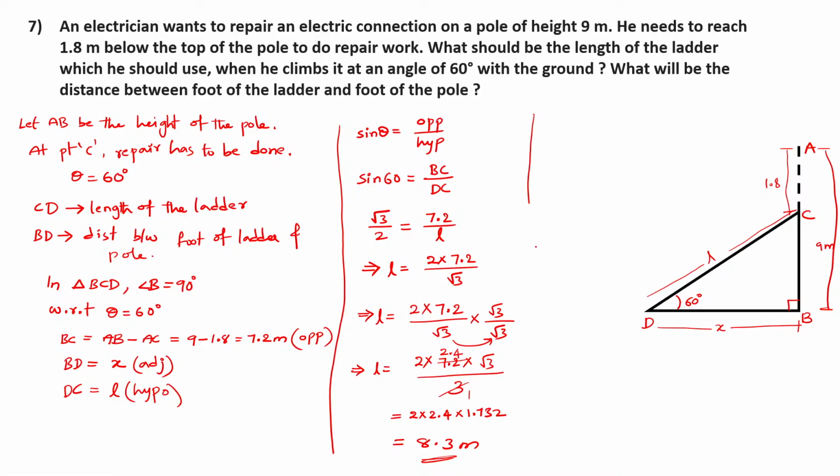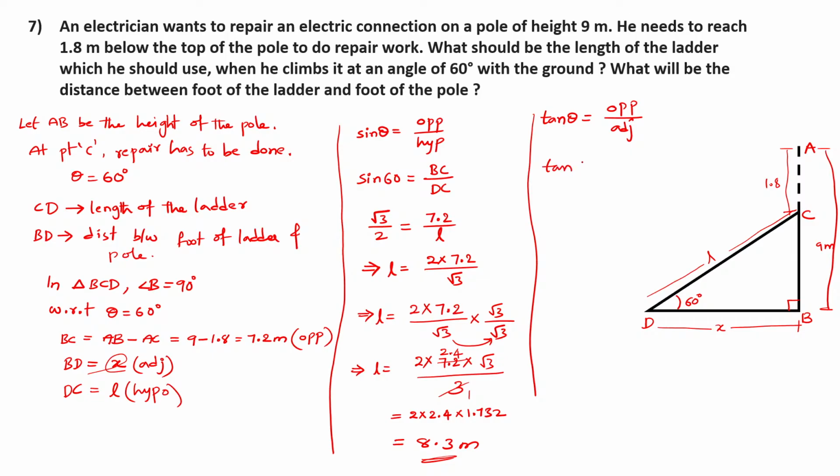Okay. Next, we need to find the distance, right? So length of the ladder completed, we need to find the distance. So we take the tan ratio. So tan theta is equal to opposite side by adjacent side.